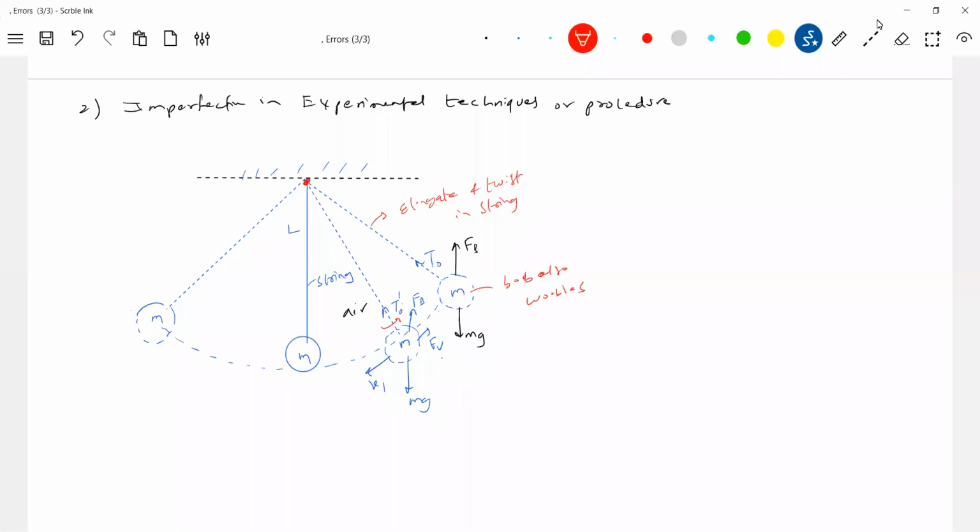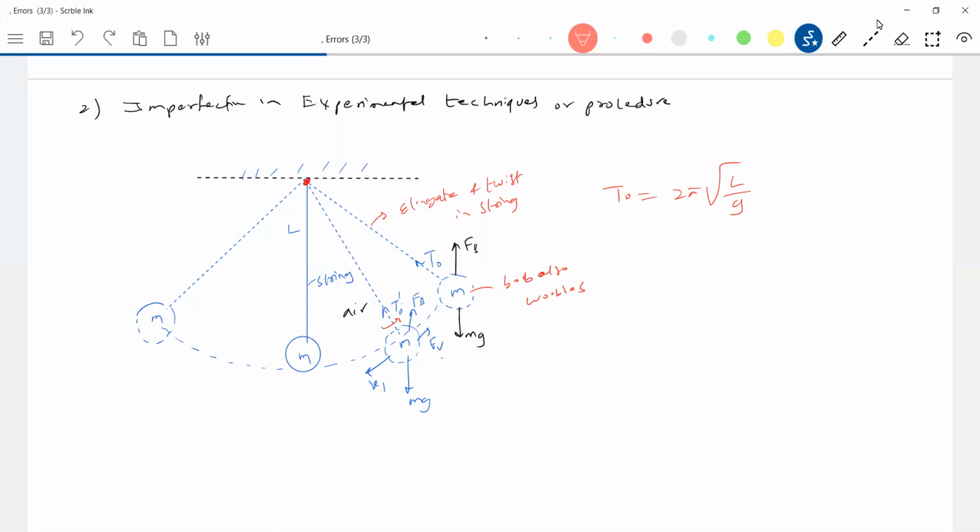Do we consider all this? No. What is the expression for the time period of a simple pendulum? 2 pi root of L by g. But in fact, a lot of corrections are to be done that we didn't bother about. So this becomes imperfection in experimental techniques or procedure. What you have to do is take care of buoyancy, FB.